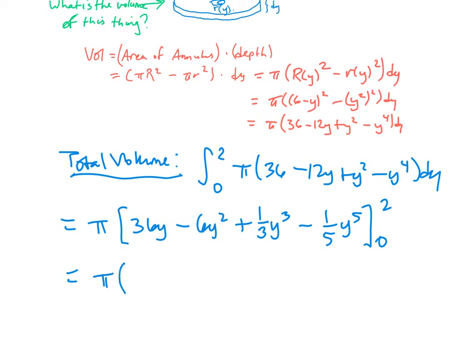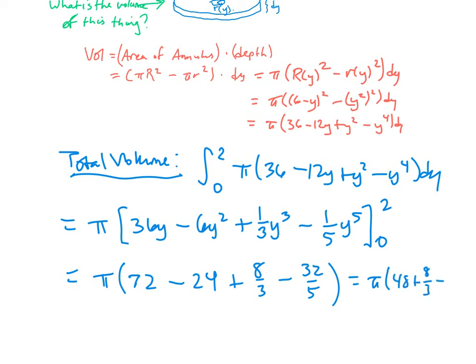So I get 36 times 2 is 72, minus 6 times 2 squared, which is going to give me 24. 1/3 times 2 cubed is 8/3. And then 2 to the fifth is 32, so I'm going to have 32/5 there. Ugh, gross. Okay, so that's pi times 48 plus 8/3 minus 32/5. At this point, I kind of feel like getting out a calculator, but I don't have one handy.